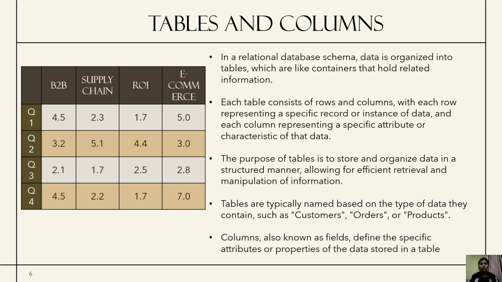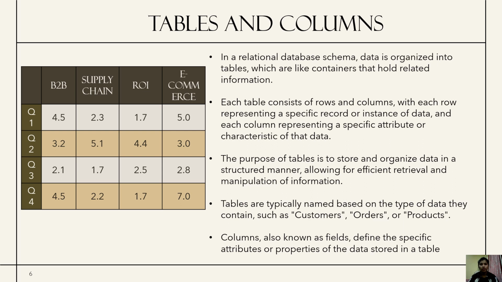So what is the purpose of storing them in columns and tables? While storing in columns and tables, the data will be organized in a structured manner, and we can easily retrieve and manipulate the information. Some examples of typically used tables are customers and orders.